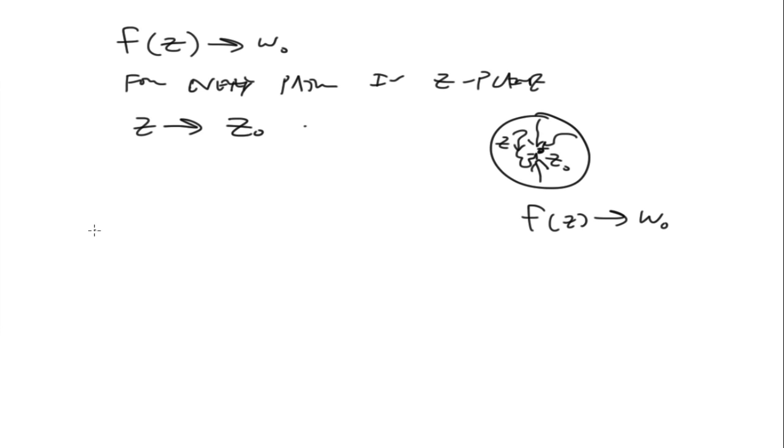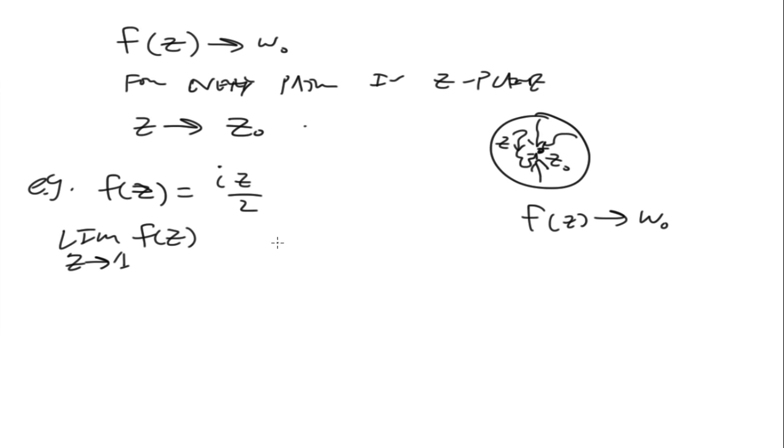So let's talk about this example of a function f of z is equal to i z over 2. Okay, and I want to take the limit as z goes to 1 in the complex plane of f of z. And I want to know what that limit is.